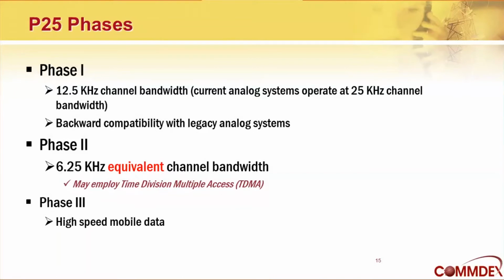And then when phase two came out to increase the throughput and the user capability, now we have 6.25 kilohertz equivalent channel bandwidth. Now we're still using 12.5 kilohertz actual bandwidth, but because we're fitting 2 users into that, our equivalent bandwidth is half of that, or 6.25. And phase two also introduced time division multiple access. Now moving into the next phase, there will be more specifications about high-speed mobile data.